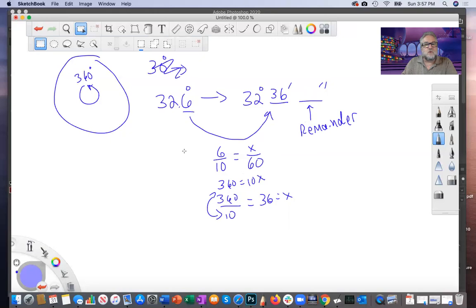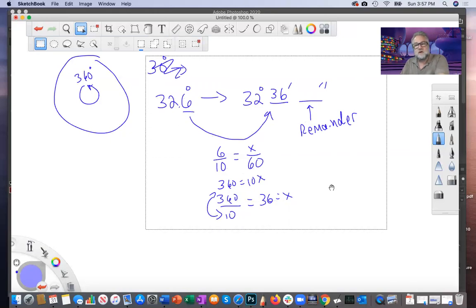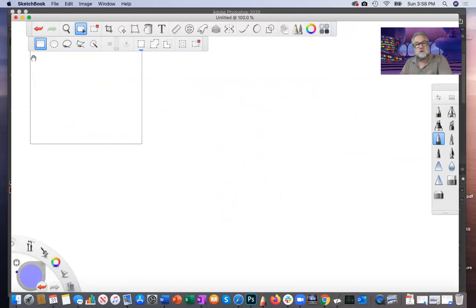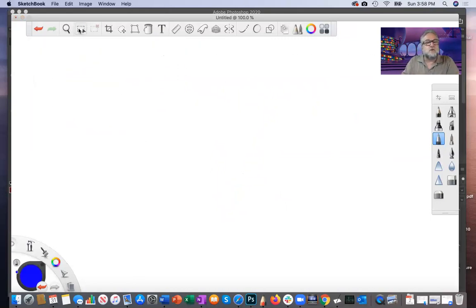But let's do one where we have to do seconds, okay? You can usually tell when you're going to have seconds because you get some weird number. So let's do 32.74 degrees. This one's going to be kind of weird. This is going to be 32 degrees, some number of minutes, and I bet some number of seconds.